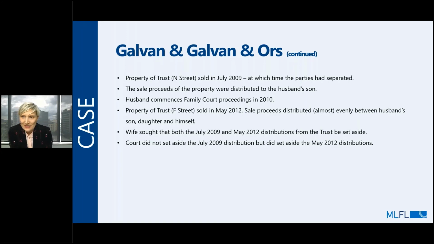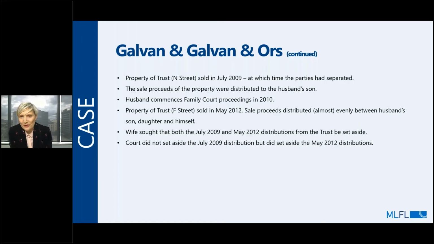It's interesting to read this case. If someone has a particular interest in it, we can certainly forward the case, because ultimately the judge determined, for reasons which are not necessarily all that clear, that the July 2009 distribution wasn't going to be set aside, but the May 2012 distribution was to be set aside.